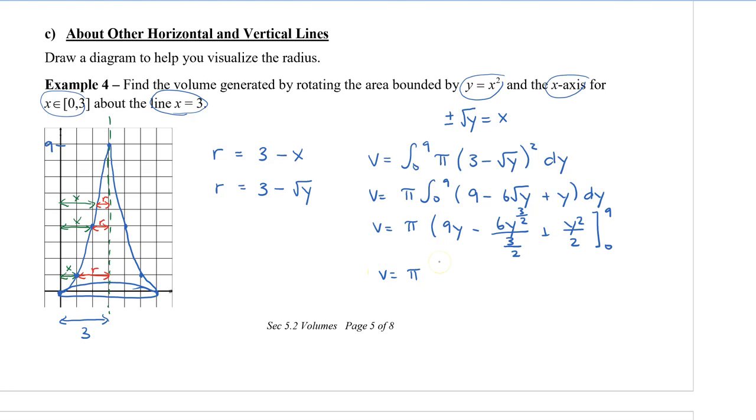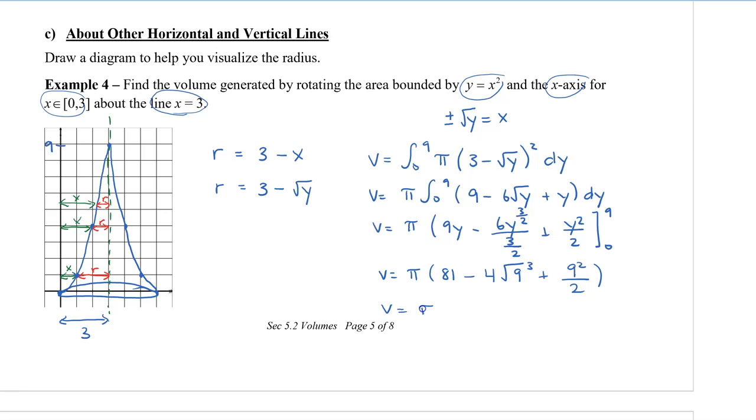So when I plug in the 9, I will get 81. And here I have 6 divided by 3 over 2. So that's actually going to be 12 divided by 3, which is 4. So I'm going to have 4, and then I'm going to plug in the 9 for the y value. So I get root 9 cubed. And then over here I get 9 squared over 2.